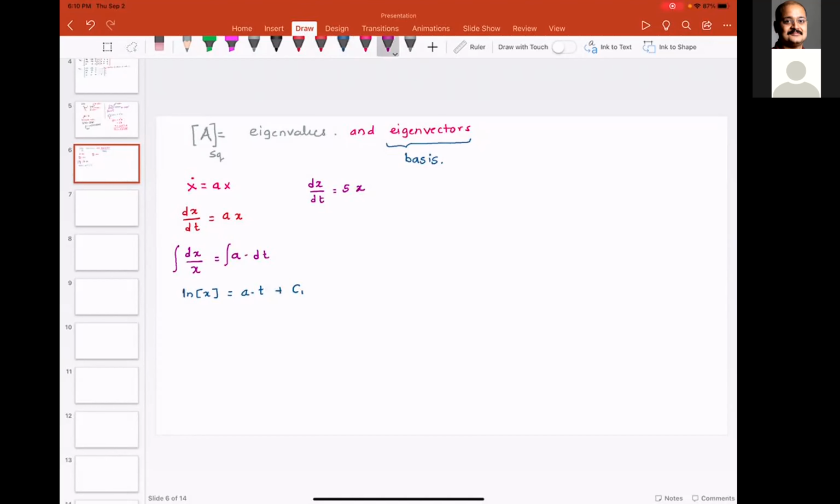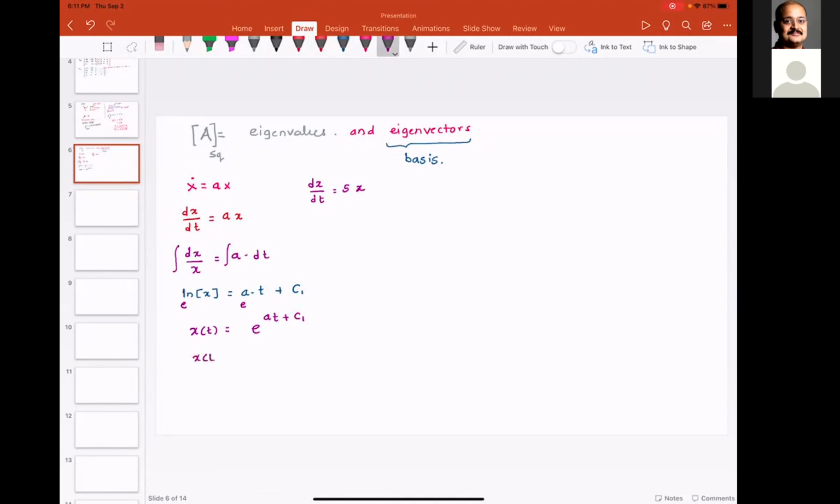Now, but I want the relationship as x of t in terms of some function. So what I'm going to do is, I'm going to take an exponent on the left hand side, and I'm going to take an exponent on the right hand side. So this is going to become x of t is equal to e to the (at plus c1).